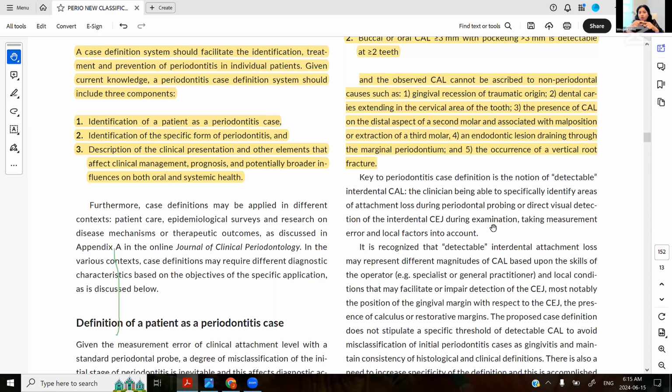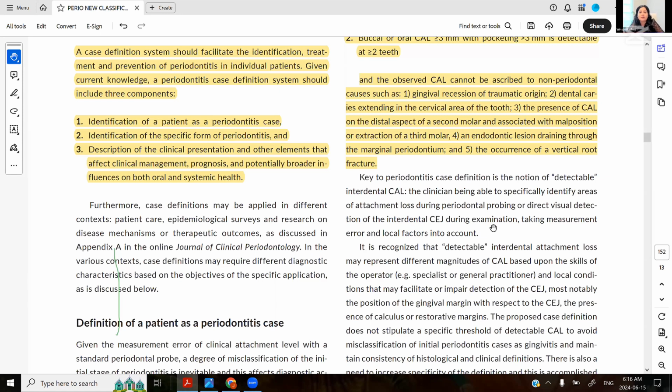So you have to make sure that the attachment loss is not because of non-periodontal conditions. Like it should not be of traumatic origin, gingival recession, like we did in the localized Tillman cleft situation, right? Then dental caries extending to the cervical area, which led to the inflammation and the attachment loss.